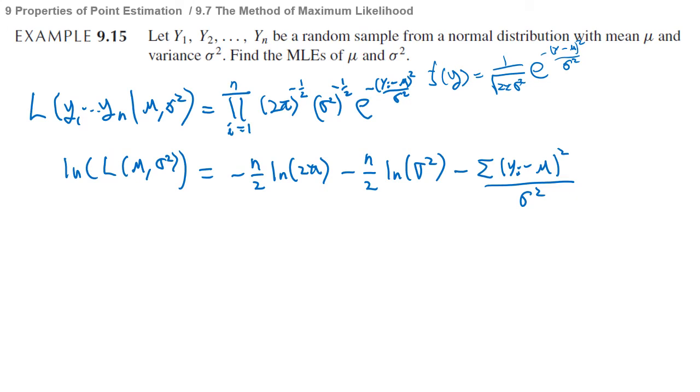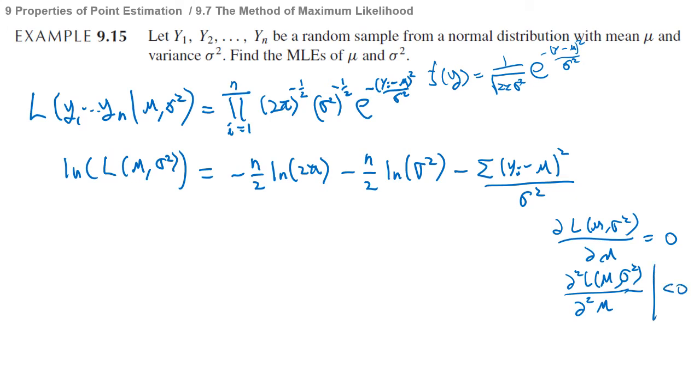The trick is to set the derivative with respect to mu equal to 0, and also get the second derivative, and if this is less than 0 at mu equals mu hat, then we can say that the likelihood is maximized at this mu hat position.